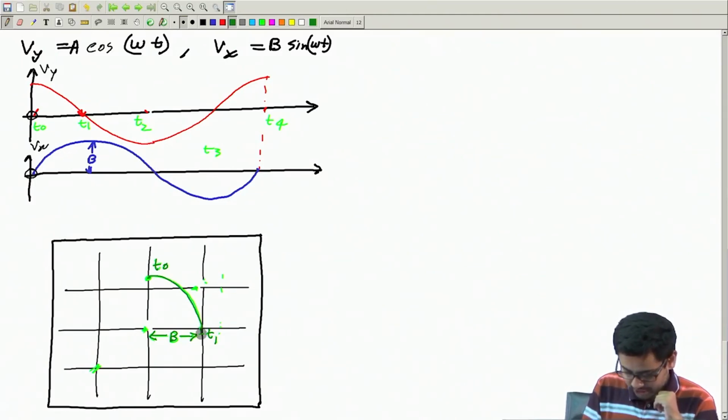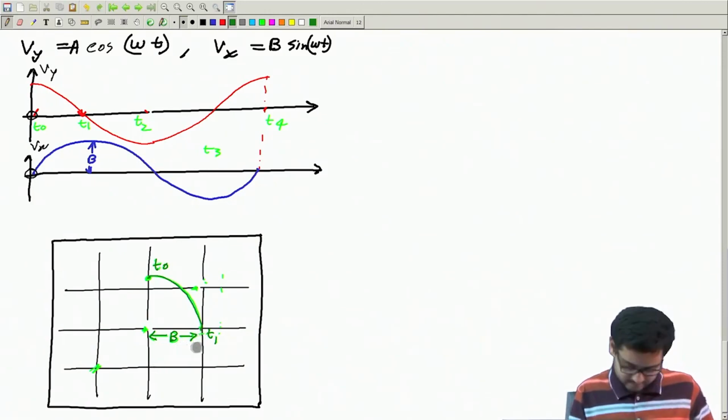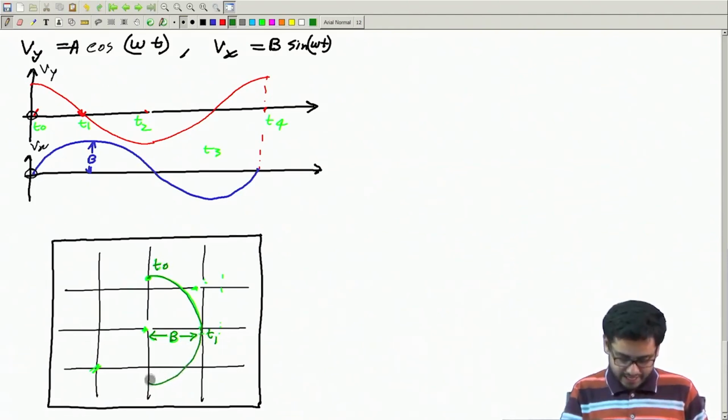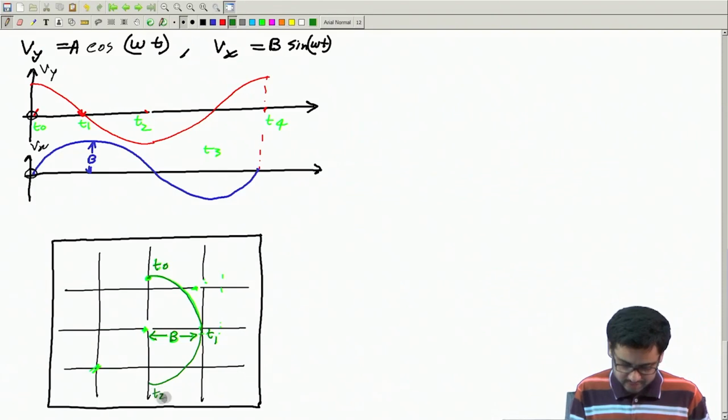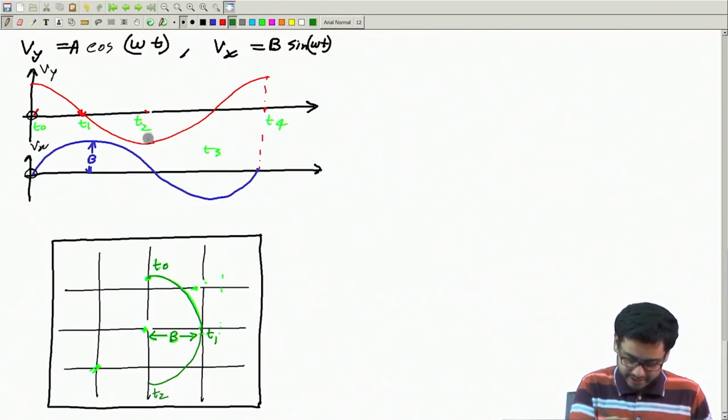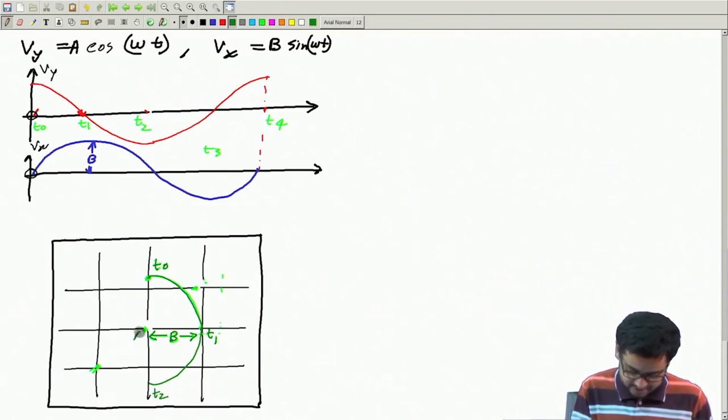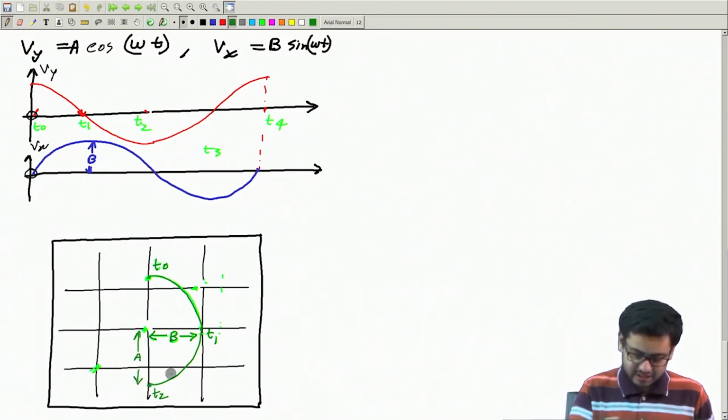So this will be like this. At t2, height is minus a, proportional to a, and x is 0.